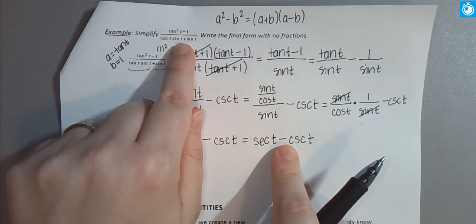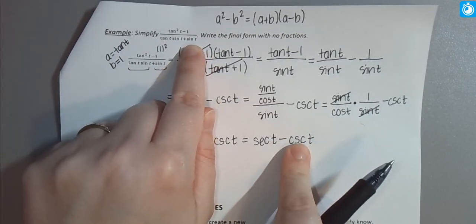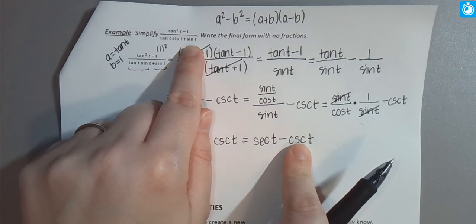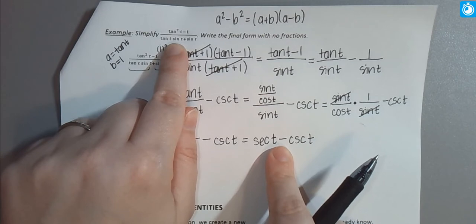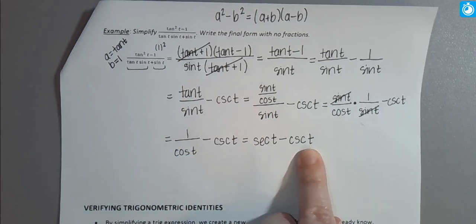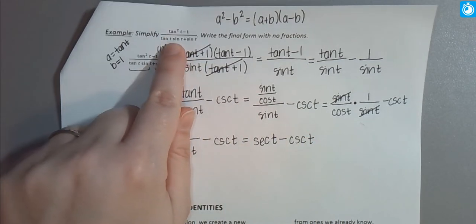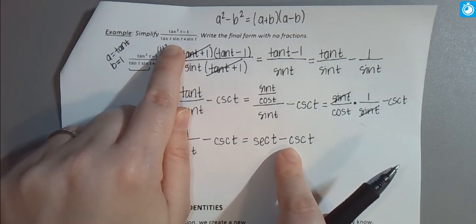We've shown that in general, regardless of what T is, this expression and this expression will be equivalent. We could plug in any value of T that we wanted, and this expression would have the same value. So what we've essentially established by doing all of these steps and simplifying this complicated expression is a new identity. We've shown that these expressions are always going to be equivalent, hence we have an identity.